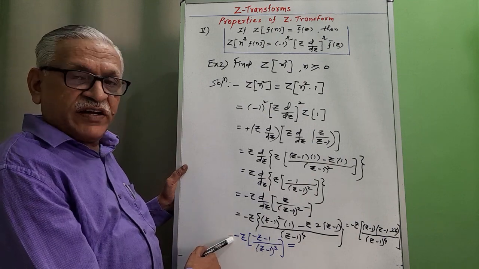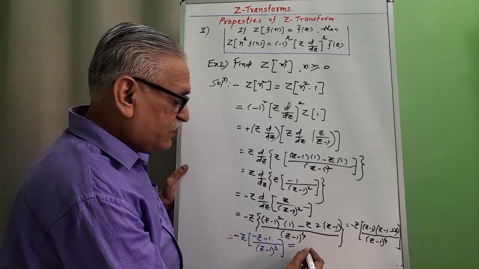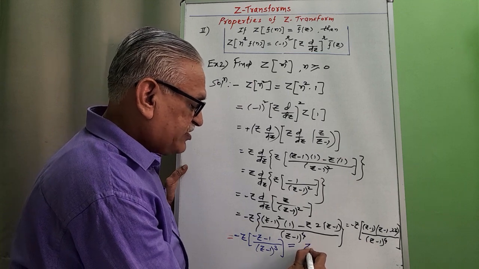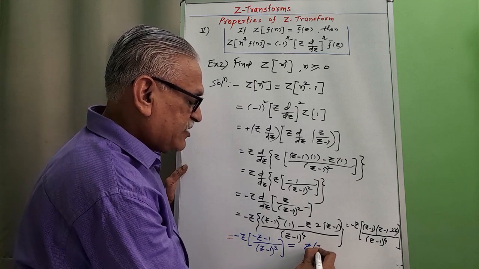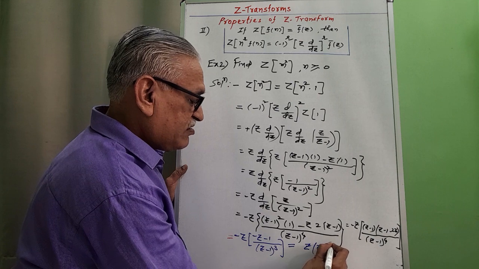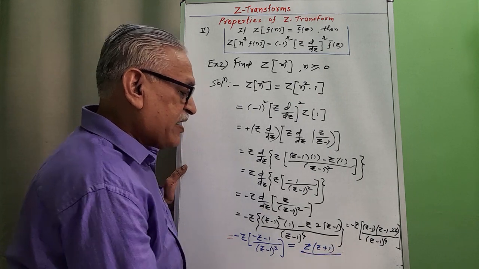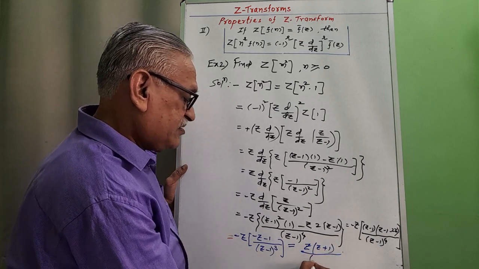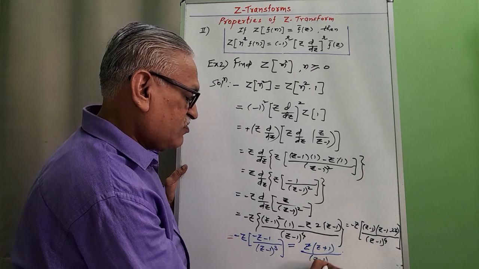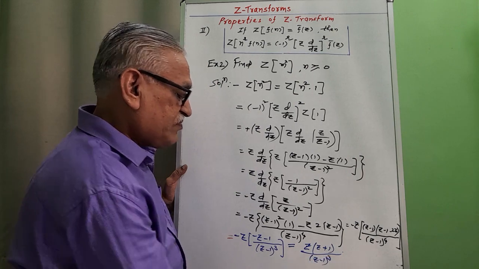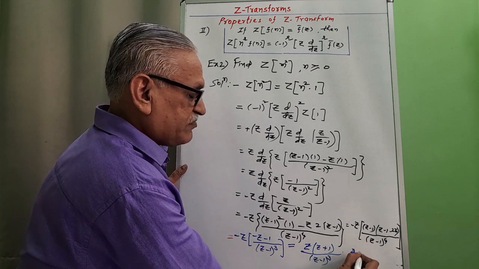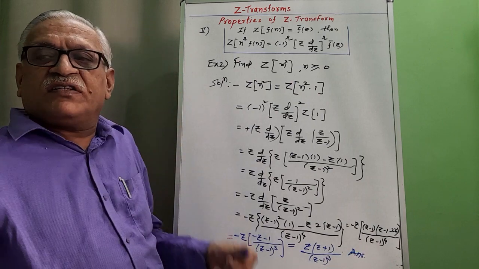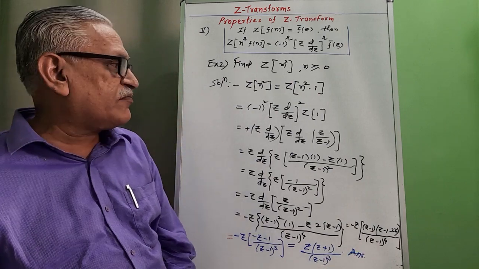Taking minus sign outside, minus minus becomes plus, we get the final answer as z multiplied by z plus 1 and whole divided by z minus 1 whole cube. This is the required answer, or z transform of n square.